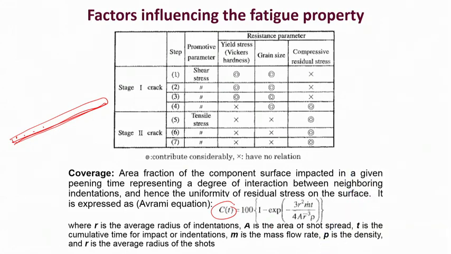So parameters that we need to actually take into account are the mass and the rate at which the mass is impacting the surface, the density, the radius of these shots, obviously the area that is spread under the deformed zone, and certainly the cumulative time for this entire process.